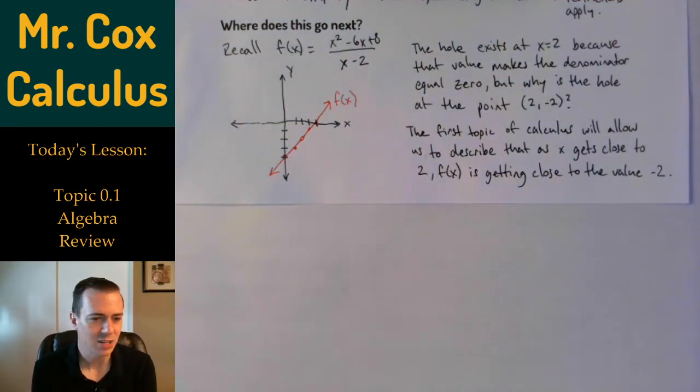And that's actually going to be a very important topic for us as we start talking about this idea of a limit, which is really the first main idea that we learn in calculus. So understand why you put the hole specifically where you did, and it'll help you understand in the future when we start using this concept of a limit to describe the behavior of a particular function.